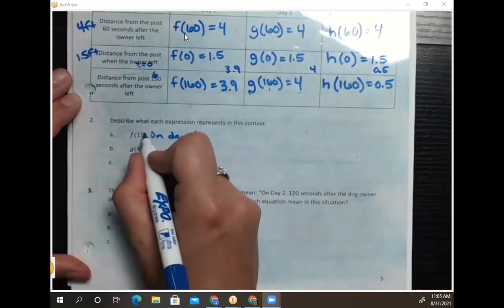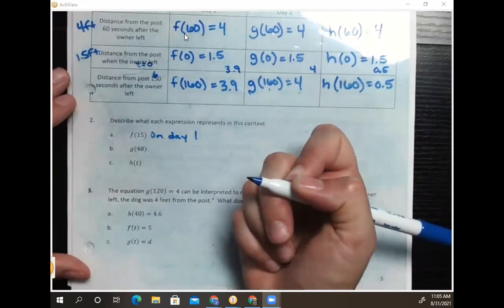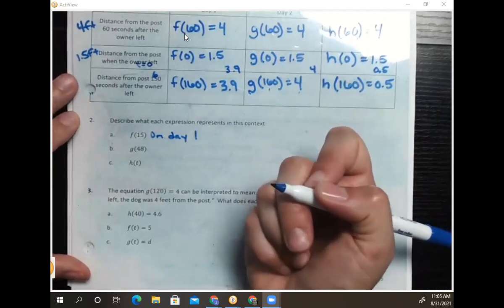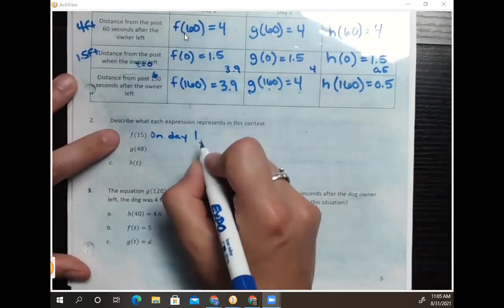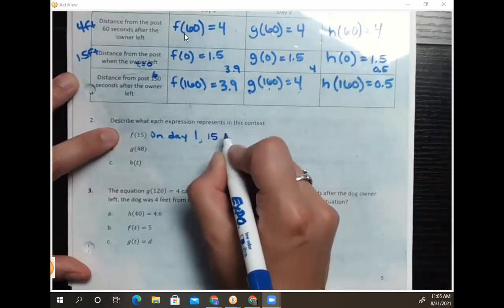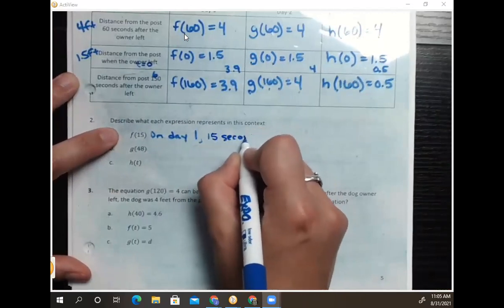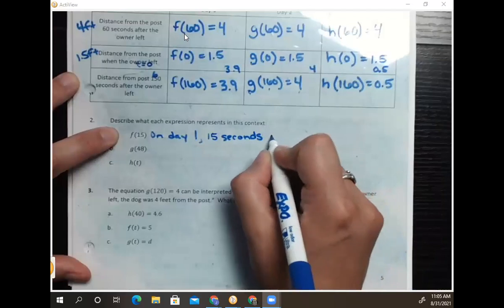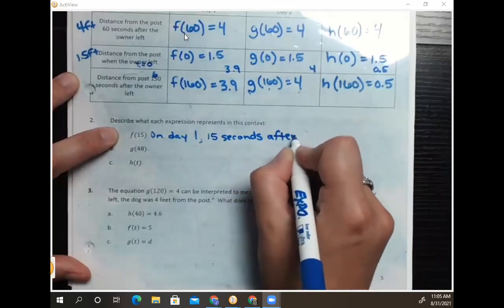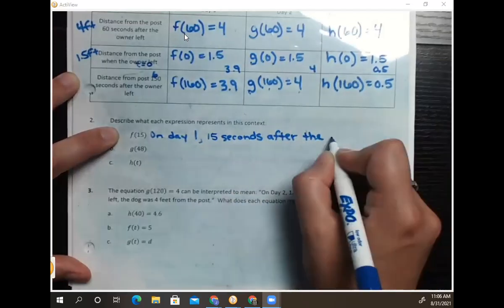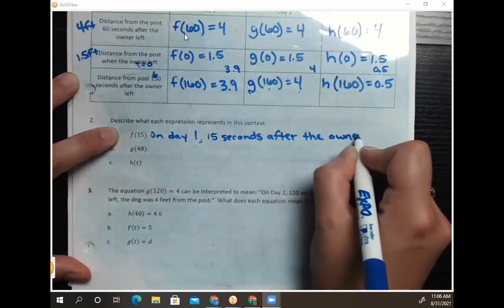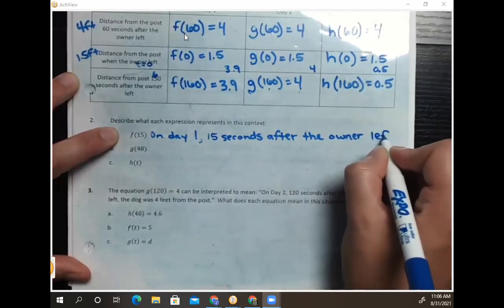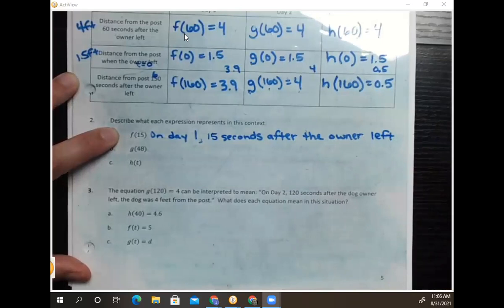And then what's this number in parentheses represent? It's a time, yeah. On day 1, this is telling me 15 seconds after the owner left. On day 1, 15 seconds after the owner left. It doesn't give me a distance, so I'm not going to include a distance.